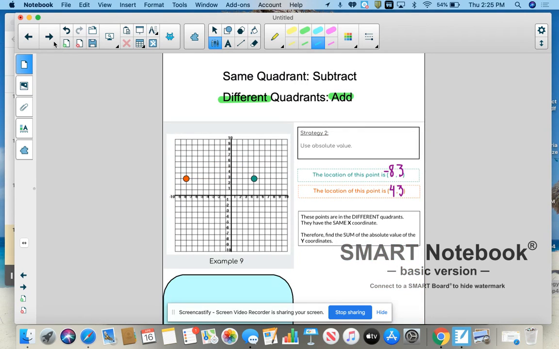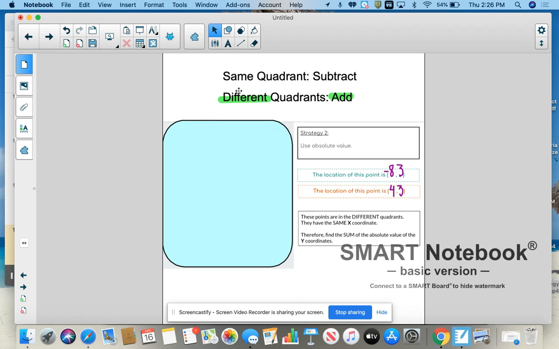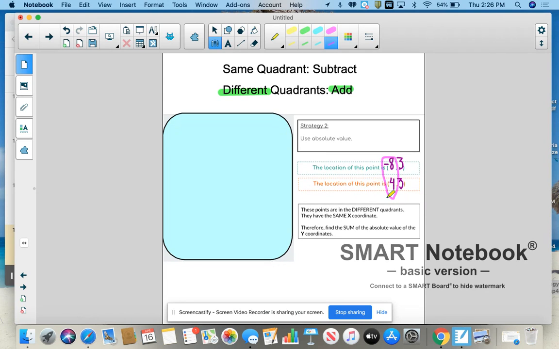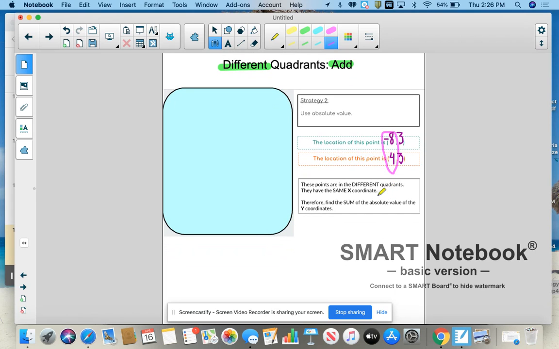Let's do one more. Again, different quadrants. Okay, and I can prove that by looking at the picture, or I can look at my numbers. My y's are the same, so I'm not going to use them. My x's are different. I see one's negative and one is positive, so I know they're in different quadrants. I'm going to find their absolute values first.